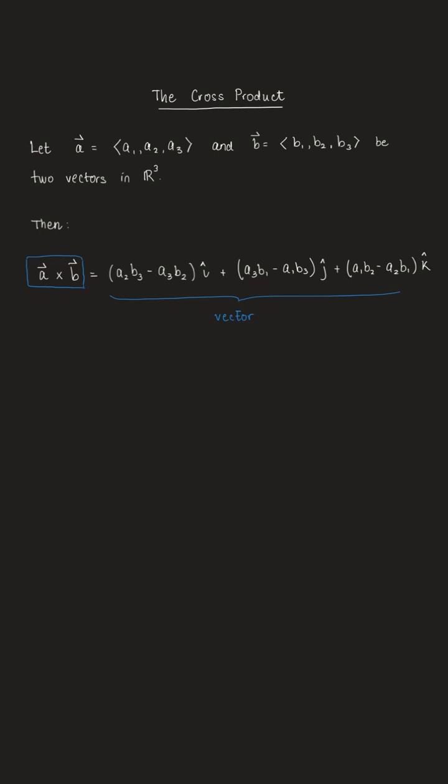All right, so we're going to define the cross product A cross B using the determinant. The first row of our determinant will be our three standard basis vectors, I, J, and K. The second row of the determinant will consist of the components of the first vector A, so we'll have A1, A2, and A3.